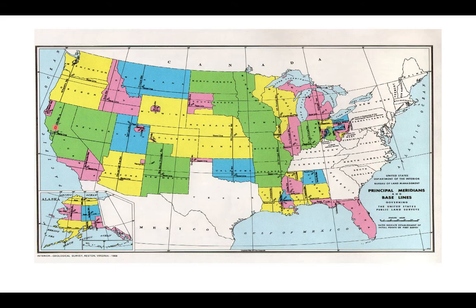One thing that can be important as you work with this is to know what baseline and meridian you're using, right? Because if you're doing something in California and you give me a township and range value, that's great, but I don't know: are you talking about something connected to the Mount Diablo system here, or the Humboldt one here, or the San Bernardino one here?